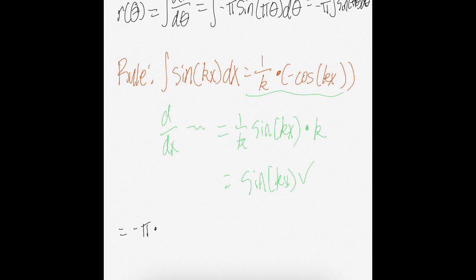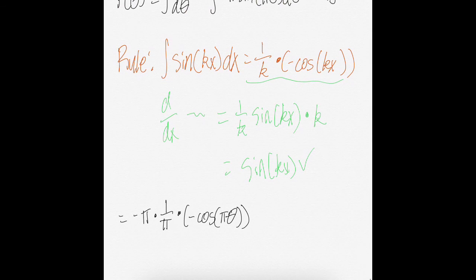Okay, so let's go back up to our problem here. What I can do first is pull the negative pi out front because that's a constant. Sine of pi theta d theta. Let me continue down here.